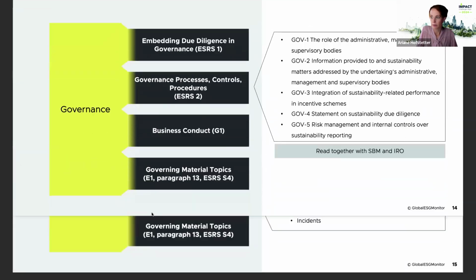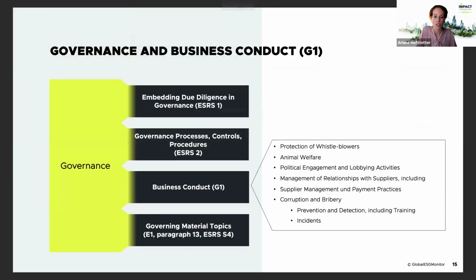The next then is business conduct. I already talked about the focus areas. Here I want to point out topic, subtopic, and sub-subtopics, which are connected here. So topic is corporate policy or corporate behavior, corporate ethics, corporate conduct.